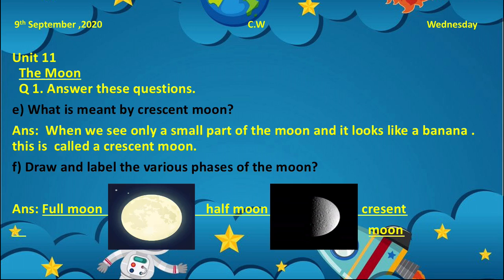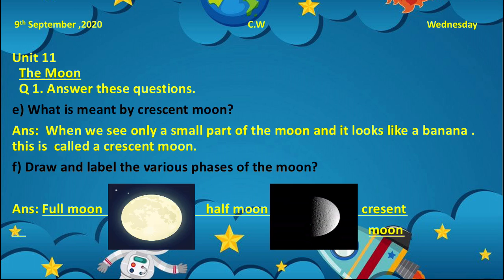So that means this half moon is the 1st quarter in waxing. When the half moon is in the C position, then it will be waning. So in the picture you can see this half moon is a waxing half moon, and this is the 3rd quarter of the moon.